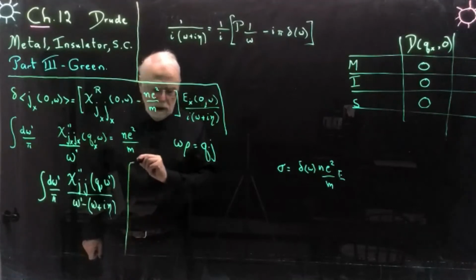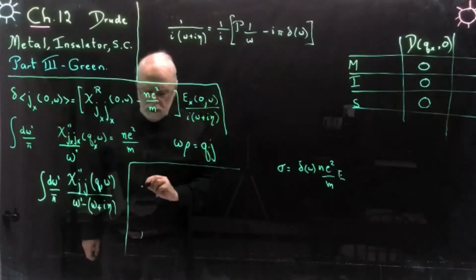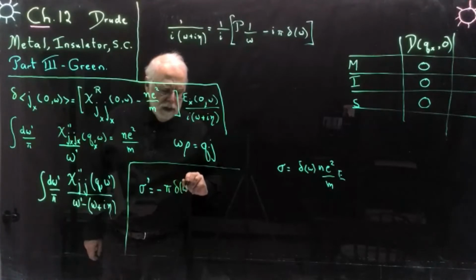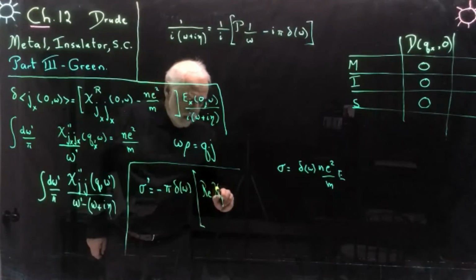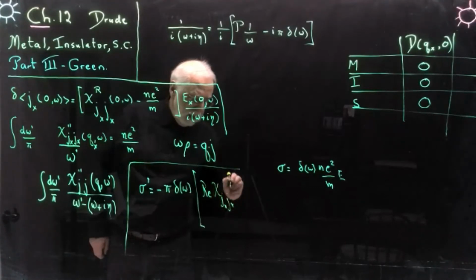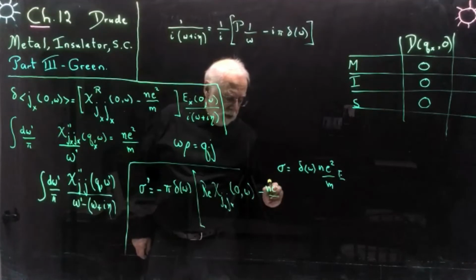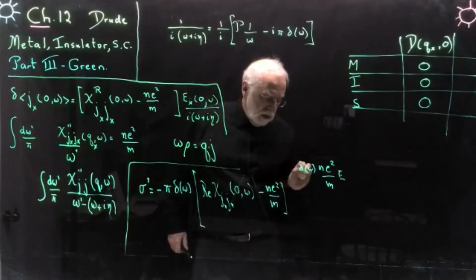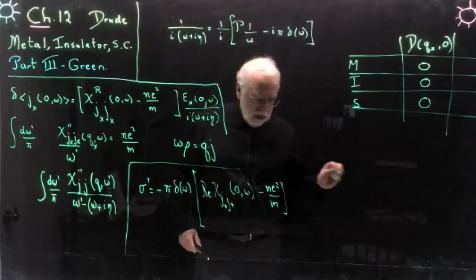I get this term, which will give me a contribution to the real part of the conductivity, sigma prime, which is minus pi delta of omega times the real part of chi jx jx at 0 wave vector and finite frequency minus n e square over m. That thing is the Drude weight.